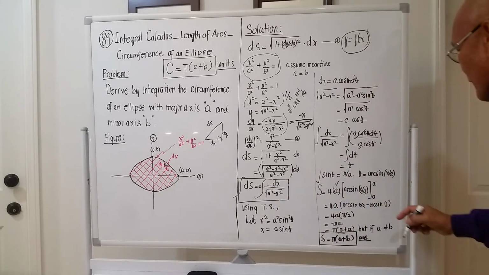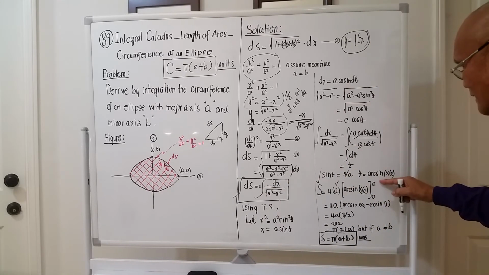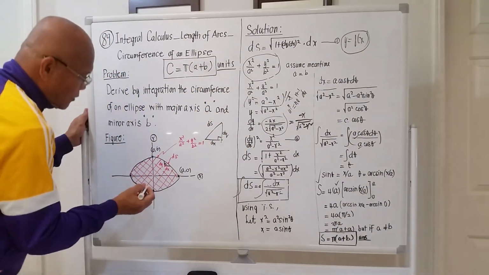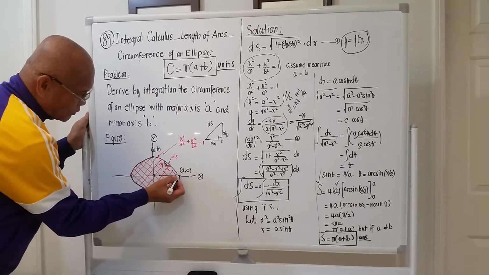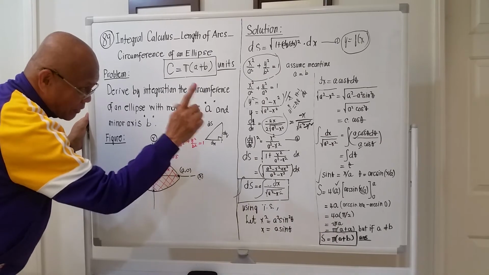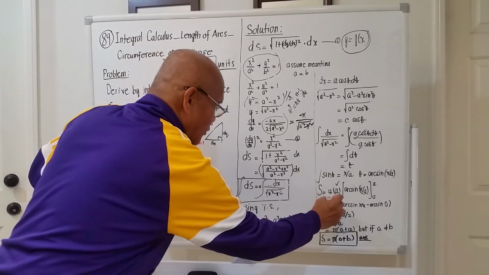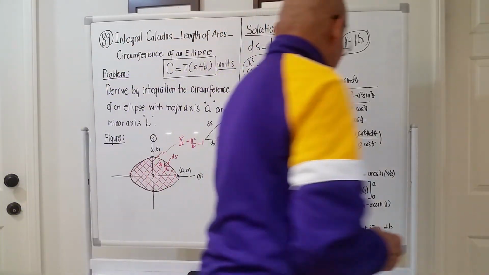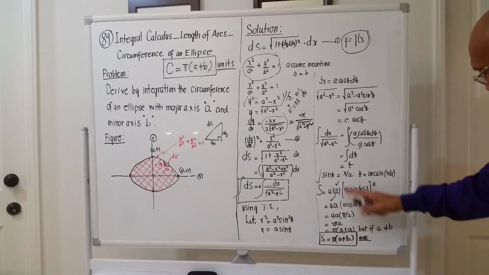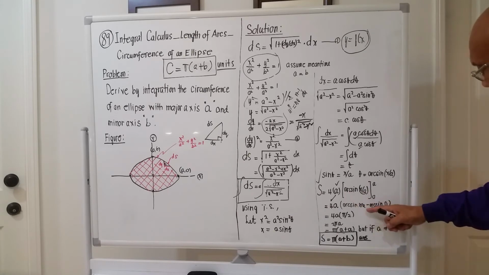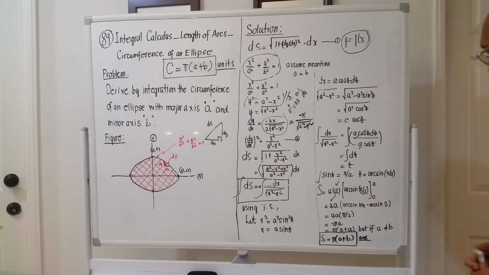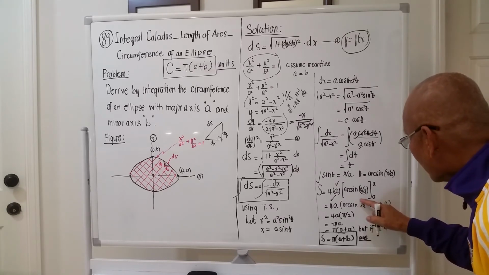Our limit will be from 0 to a. x should move from 0 to a, to cover this distance, then times 4. That's why there's a times 4 over here. So this should be 4a, arc sine of x over a, arc sine of 0. This should be a over a, guys.